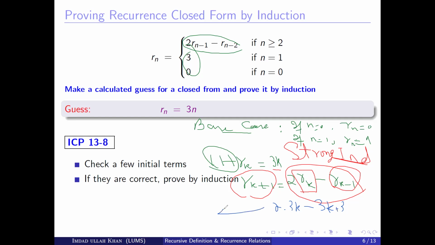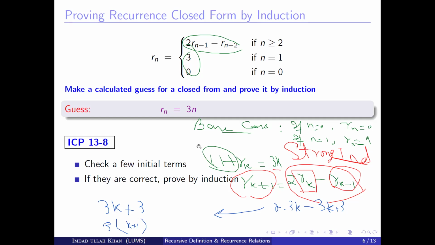If I solve it here, this becomes 6k minus 3k, which is 3k, plus 3, and this is 3 times k plus 1. This is what we were supposed to show. I have just chalked it out in a rough way, but I hope it made some sense. And if not, please stop over here and do it on your own, and you'll have to do it on your own in any case for the sake of the ICP as well, which you need to submit online.